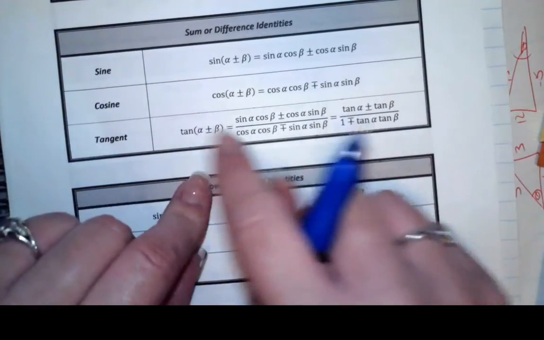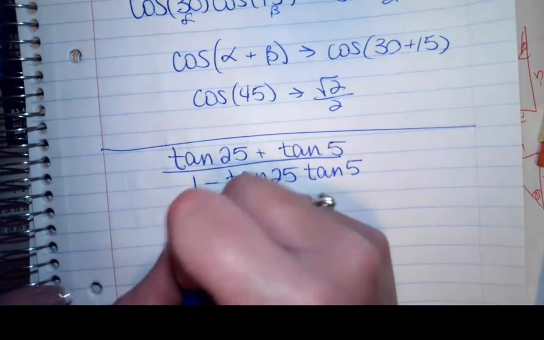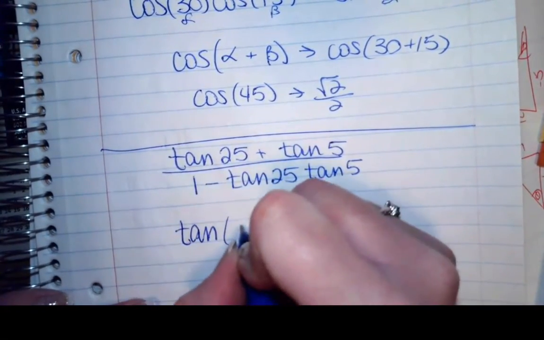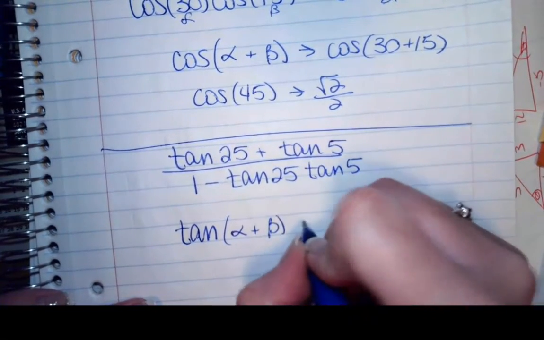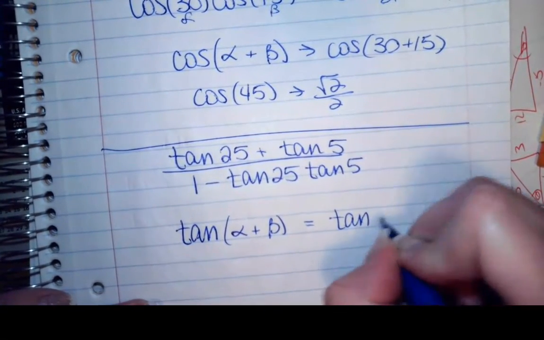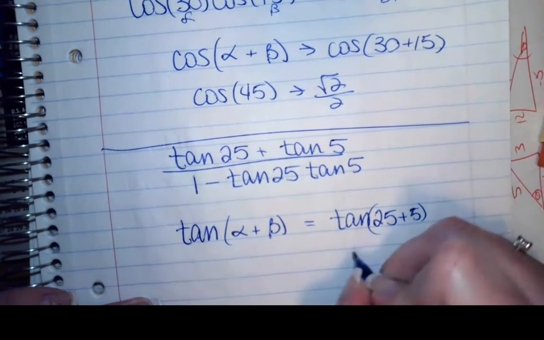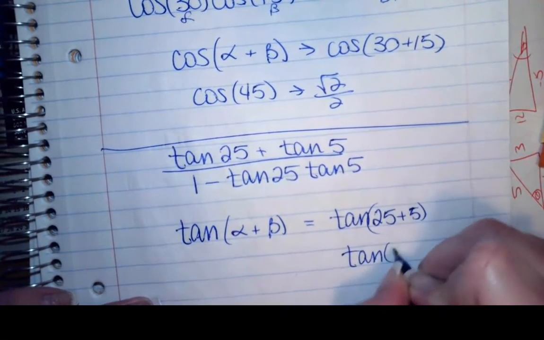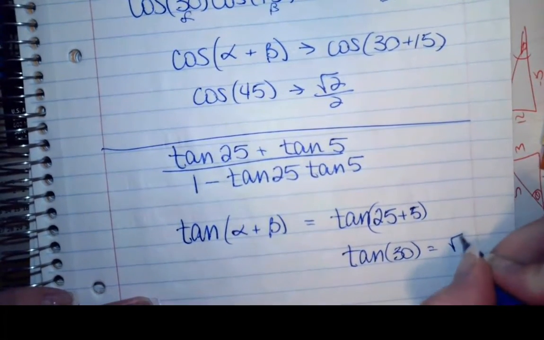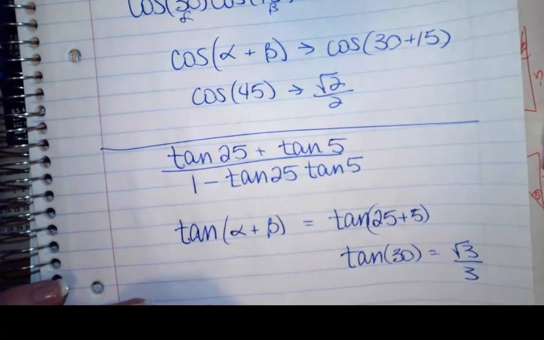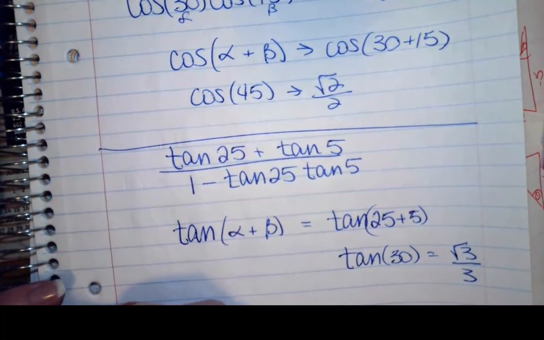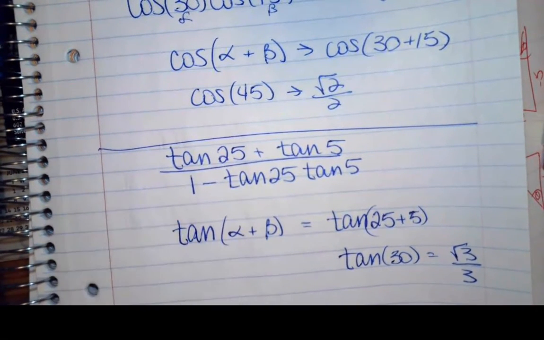So this is going to be tangent of alpha plus beta. So tangent of alpha plus beta becomes tangent of 25 plus 5, which gives me the tangent of 30, which gives me root 3 over 3. Okay, so they're just little shortcuts that we work through.